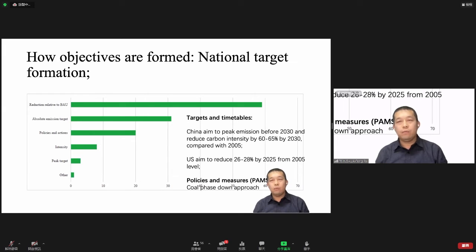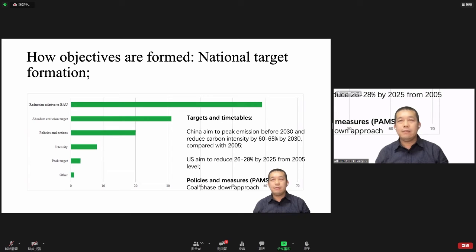And we have a timetable, which is the year 2000. That is why we call this target and timetable. For example, China also aimed to peak emission before 2030 and reduce carbon intensity by 60 to 65% by 2030 from 2005 level. So that is also a target and timetable.